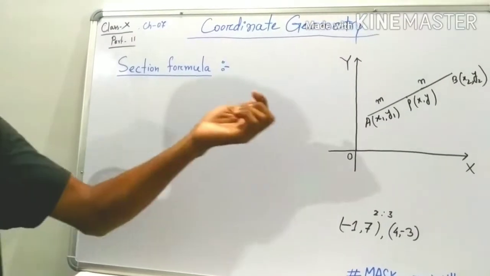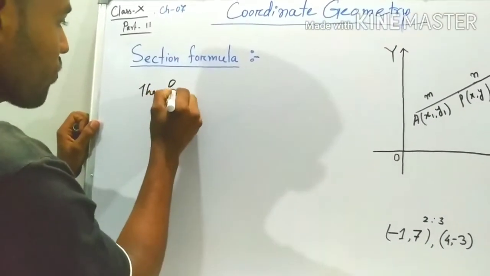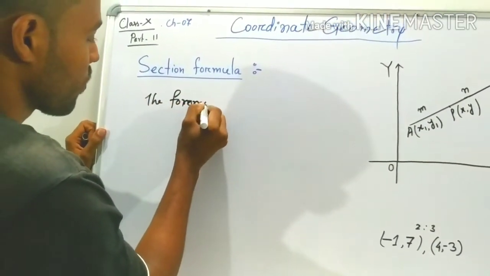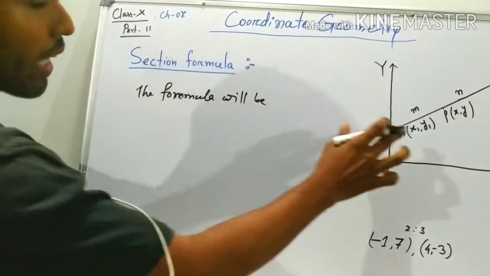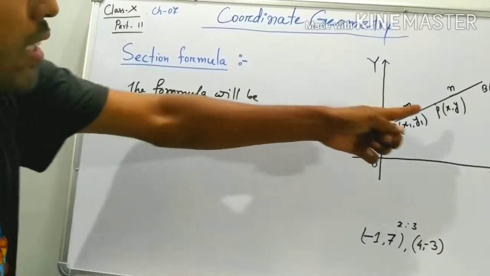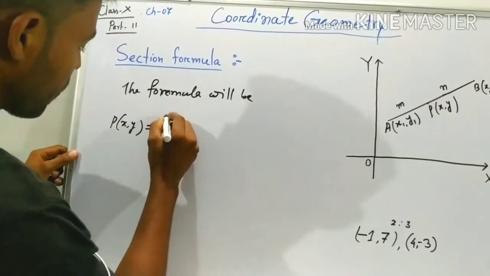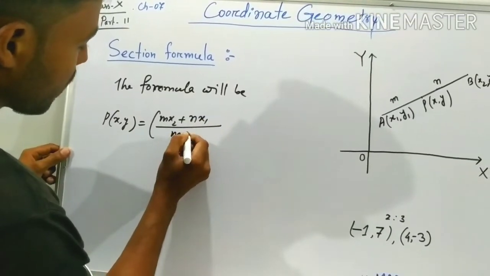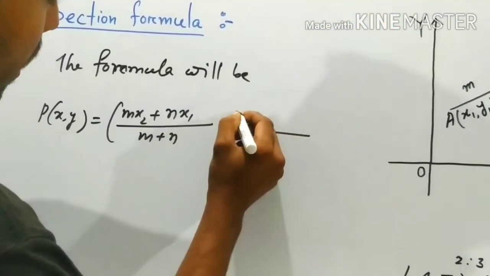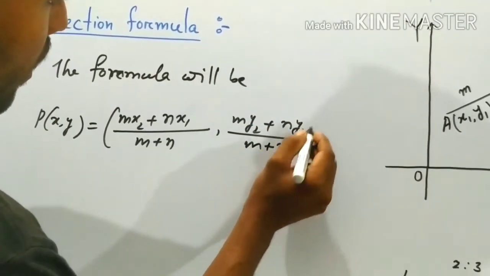So we are going to find the formula for the position of this point P, x, y. The formula of this point is (mx2 plus nx1) divided by (m plus n), and (my2 plus ny1) divided by (m plus n).